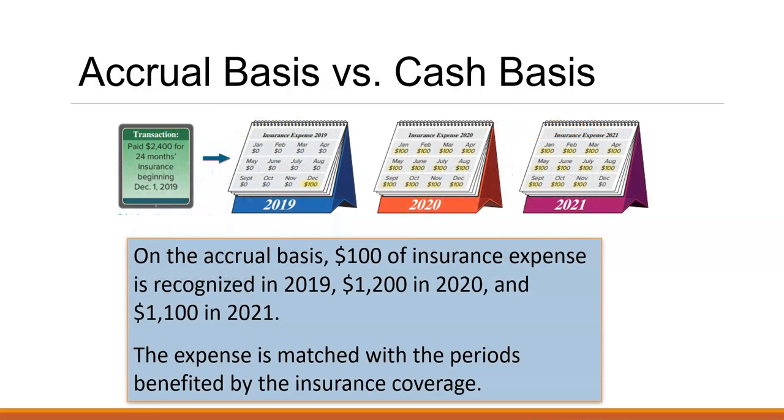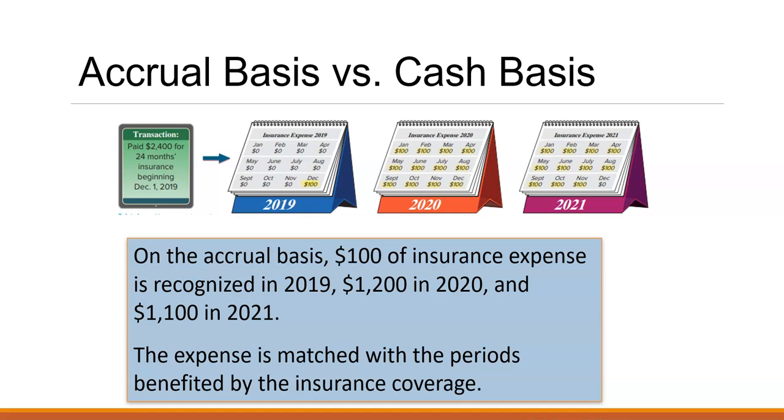We're going to look at a transaction under accrual basis accounting versus cash basis accounting. In accrual basis, we paid $2,400 for 24 months of insurance. This creates an asset for us called prepaid insurance. Each month, we are going to match that insurance expense with the revenues recognized during that period.